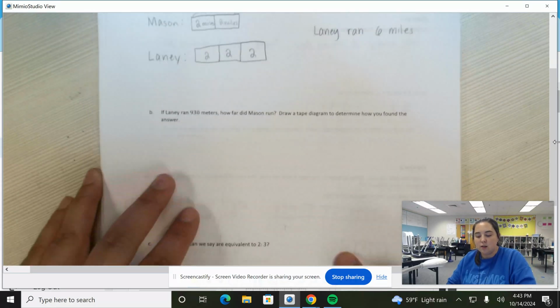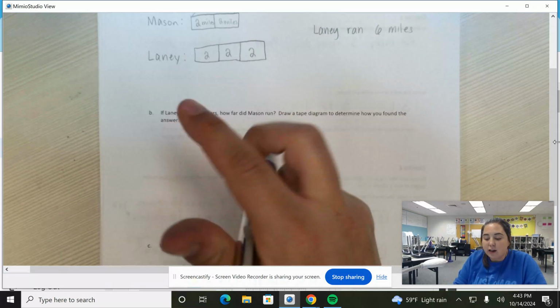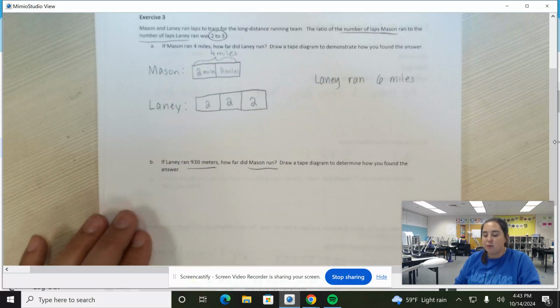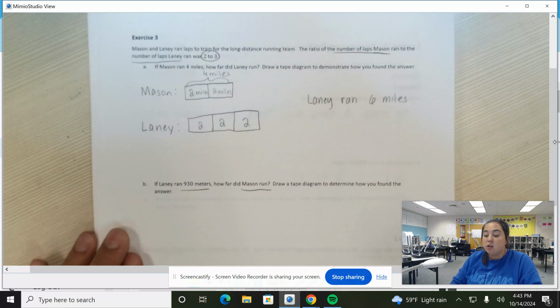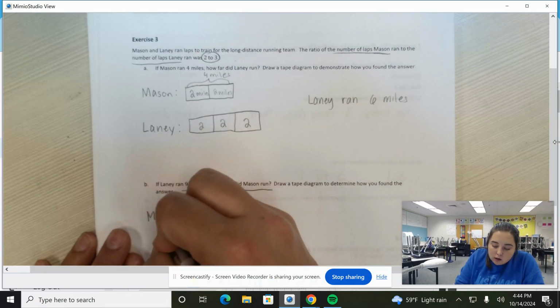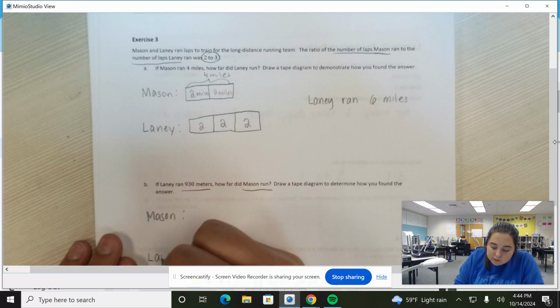Let's look at B. Same idea. Now it's saying if Lainey ran 930 meters, how far did Mason run? Draw a tape diagram to determine how you found the answer. So still we're working with the same ratio. It's still 2 to 3. So I'm going to rewrite it. If I'm ever going too fast, don't forget to pause.